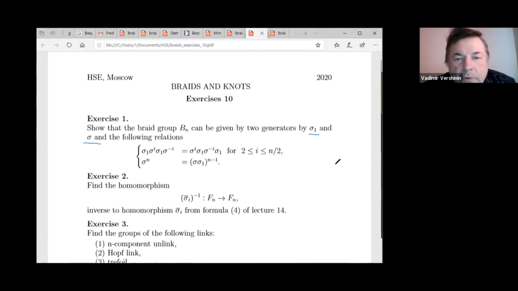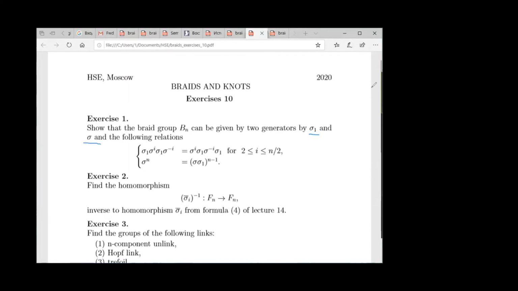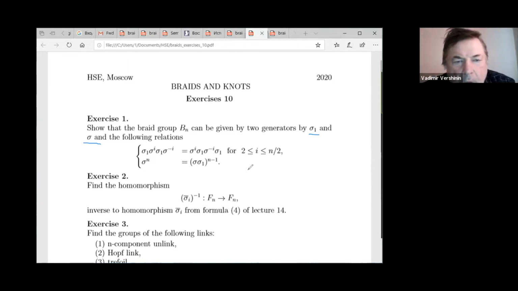Natalia, maybe you want to have some remarks on this exercise? No. Okay, so what do we have here? How can we go from sigma 1? We have standard sigma 1, sigma 2, and so on, sigma n minus 1.